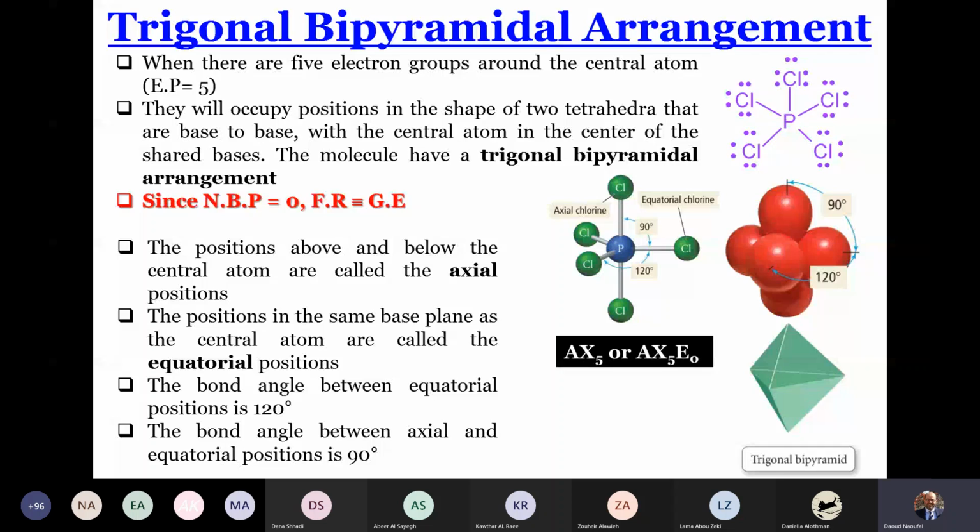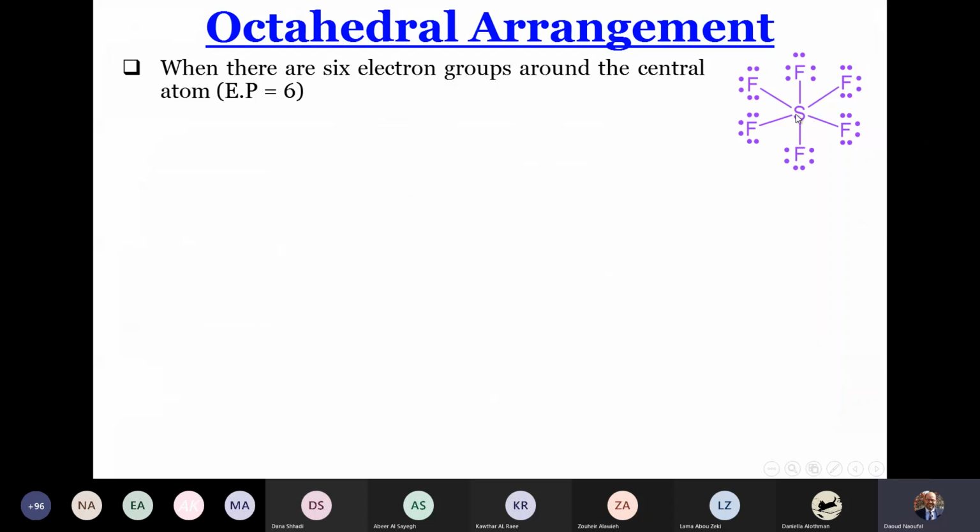We pass to the last arrangement, which is the octahedral arrangement. Consider SF6. EP around sulfur is equal to 6, and in the 6 EPs we have non-bonding pair equal to 0 and bonding pair equal to 6.